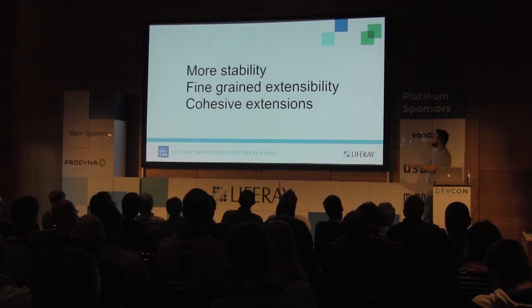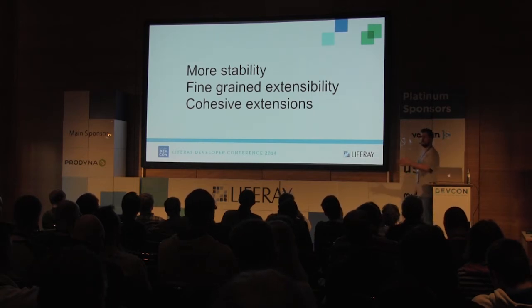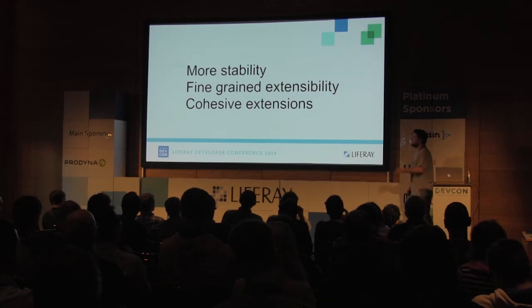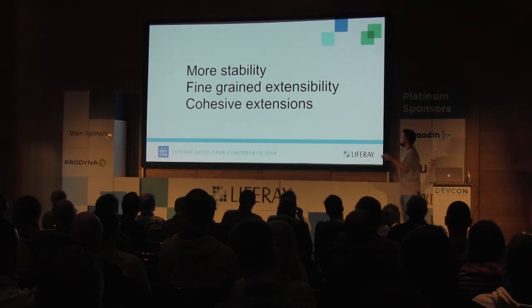The goals are to provide more stability to the extensions, right? So you upgrade versions and you don't lose your extensions, and you don't need to migrate them so frequently. We also try to provide more fine-grained extensibility, so you can target a very specific point in the view and change that.